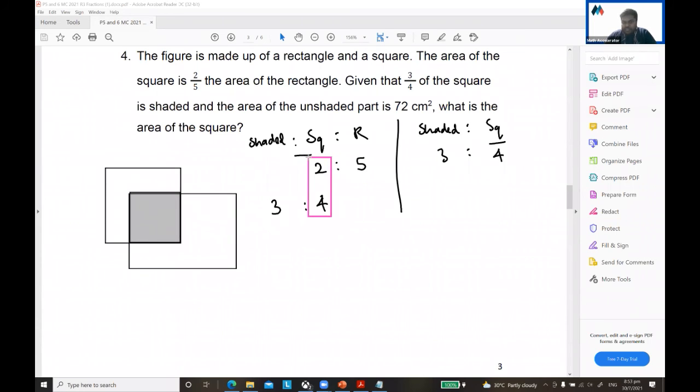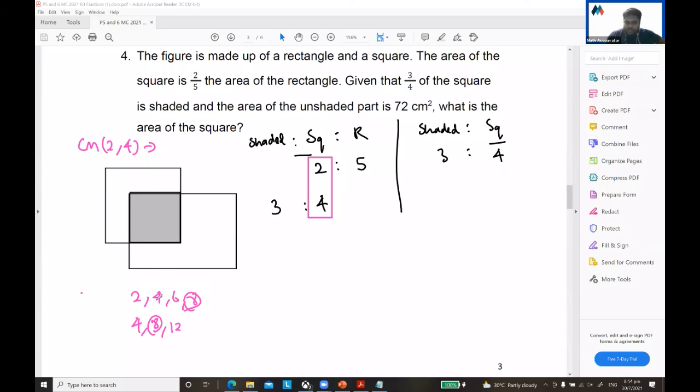Okay, so now our job is to make the 2 and the 4 the same. So what is the common multiple of 2 and 4? Yep. Some say 8. Okay, you're not wrong. But the easier one is, look at it. 2, 4, 6, 8. 4, 8, 12. Yes, you're correct.